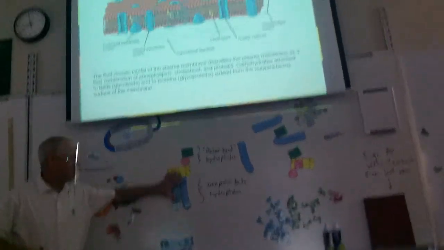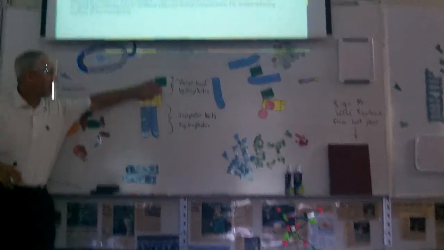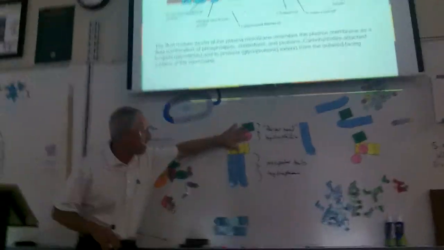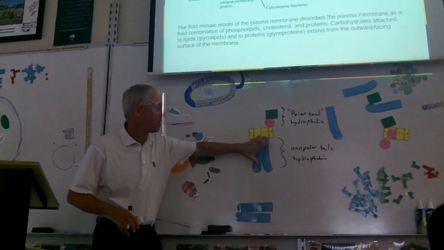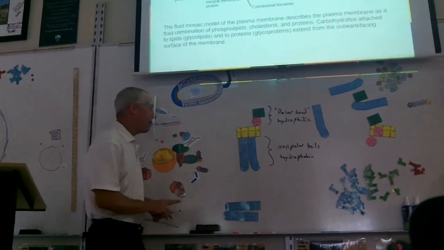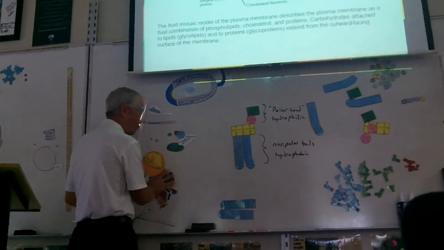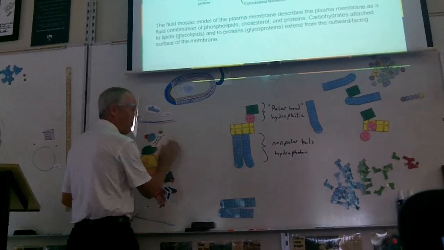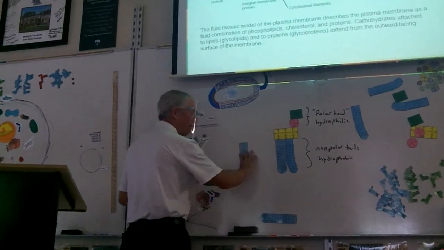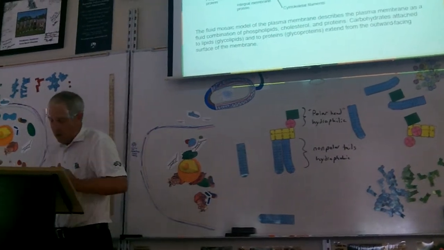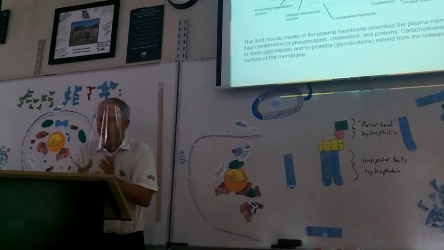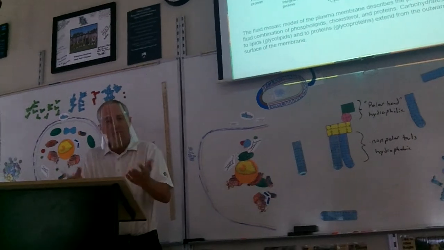So fats are normally nonpolar, but when you add on the phosphate and the choline, then this part becomes polar and that part becomes nonpolar. And what it'll make it do, when you put it in water, and by the way, all living cells are pretty much surrounded by water, even all the ones in your body.